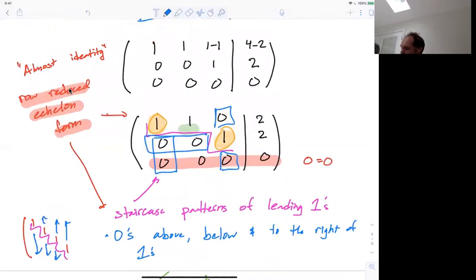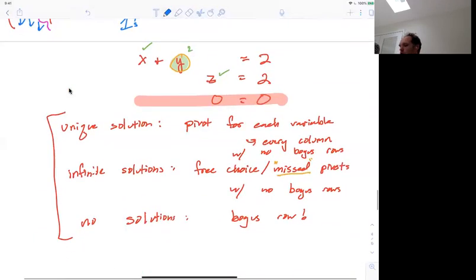And the row reduced echelon form strongly indicates which variables you have a choice with, and hence how many solutions you have. So for today, you're just expected to do some row reduction on different types of systems of equations and identify how many solutions they have, whether they fall in the unique case, the infinite case, or the no solutions case.